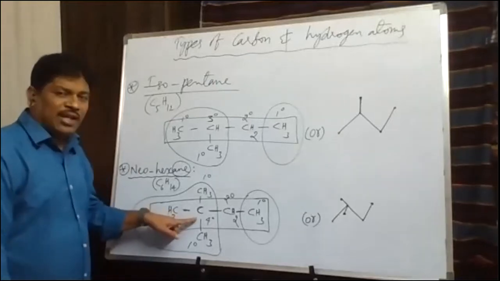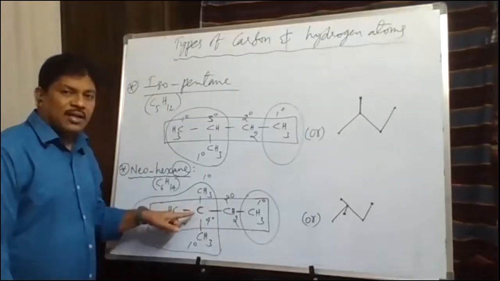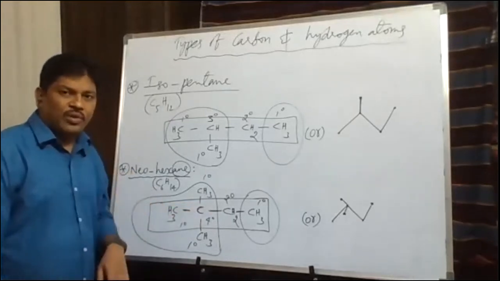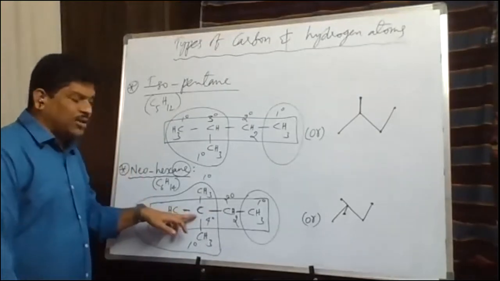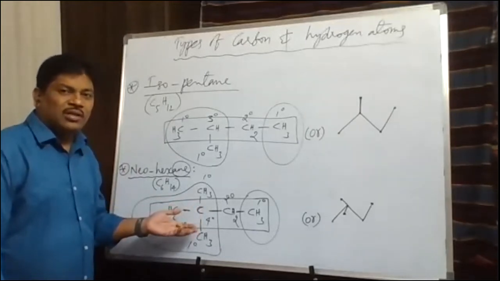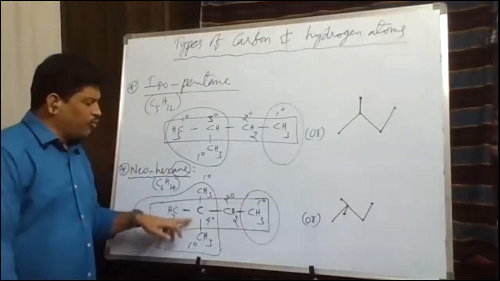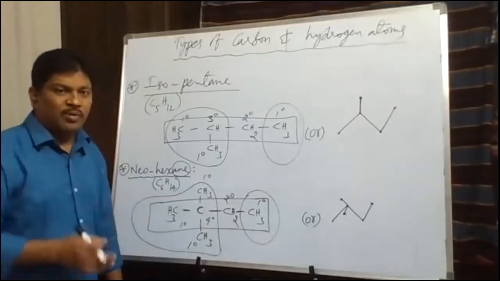But if you take a 4 degree carbon, this carbon already has 4 bonds around it, and carbon is a tetravalent atom. Carbon forms only 4 bonds maximum. So there is no chance for hydrogen to be present on a 4 degree carbon. So 4 degree hydrogens are not available.